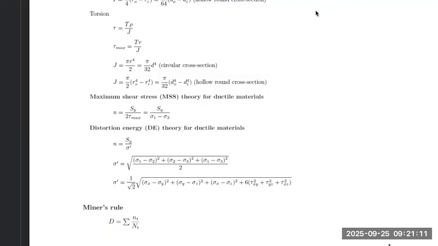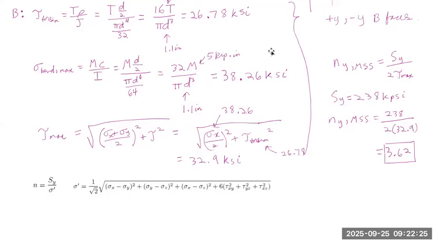So we can use that form and then calculate the factor of safety as n equals the yielding strength over sigma prime. So I've copy and pasted the equations here. And so let's calculate sigma prime first.